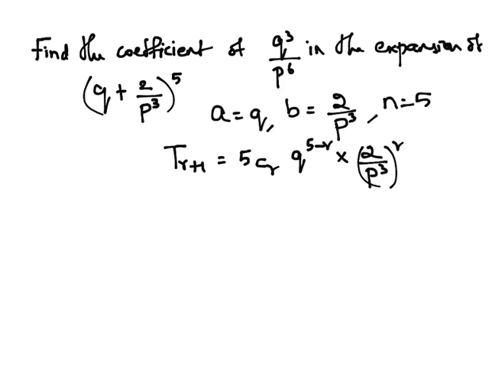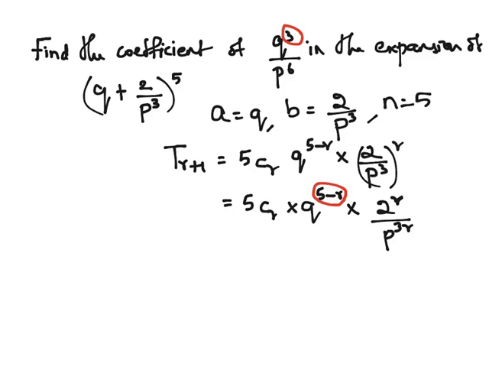So let me simplify it further. It will become 5Cr multiplied with q power 5 minus r multiplied with 2 power r by p power 3r. Okay, now I'm looking for this 5 minus r should be equal to 3, right? Because I need q cube.